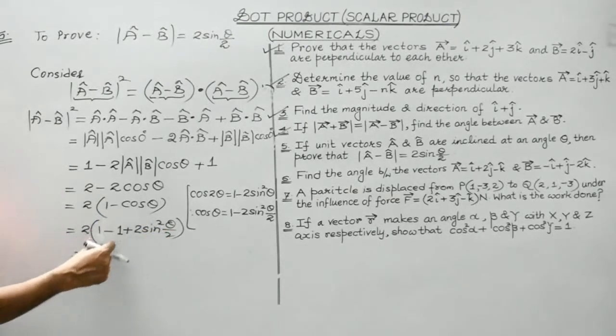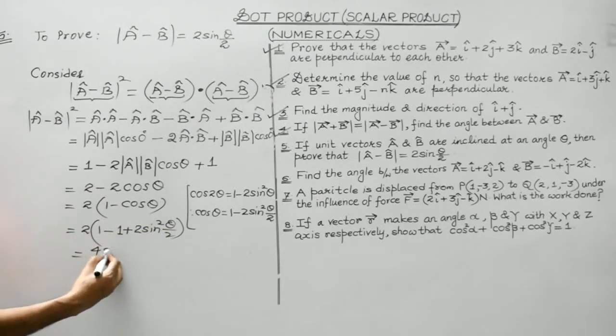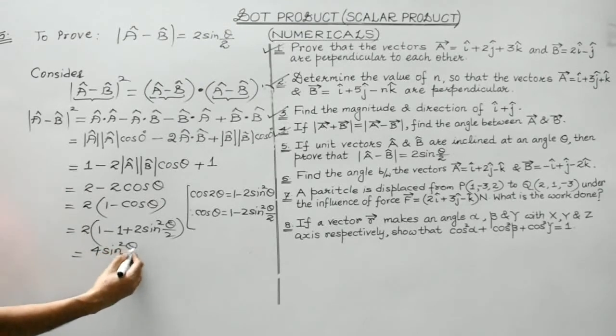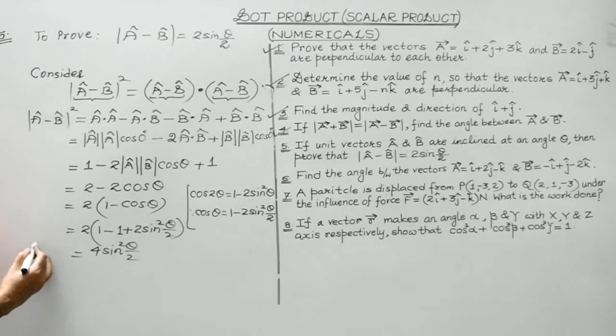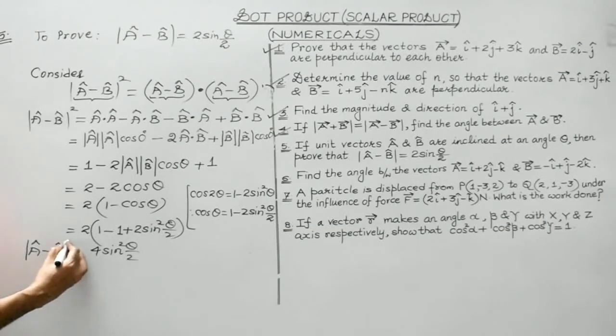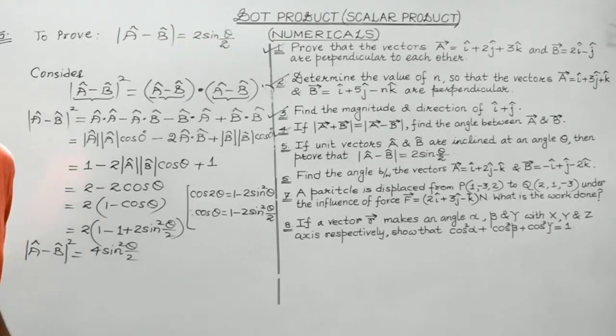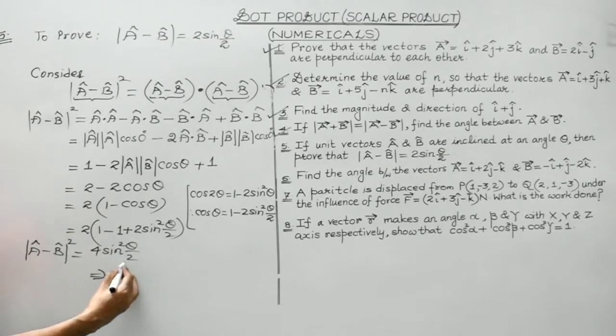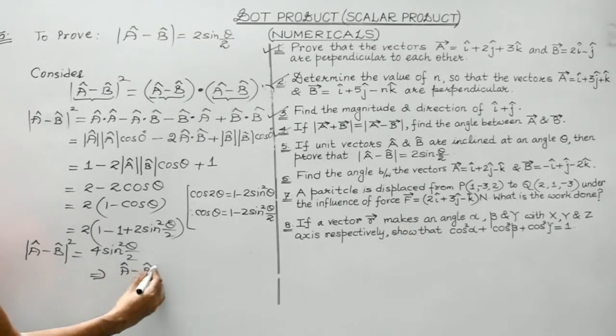So 1 minus 1 get cancelled, so we are left with 4 sine square theta by 2, and this is a cap minus b cap, the square of its magnitude. Clear? So students, in the last step, let's take square root on both the sides. What we get is, taking square root, we get magnitude of a cap minus b cap.